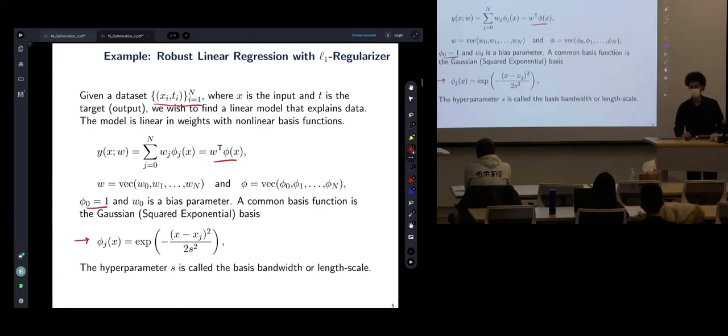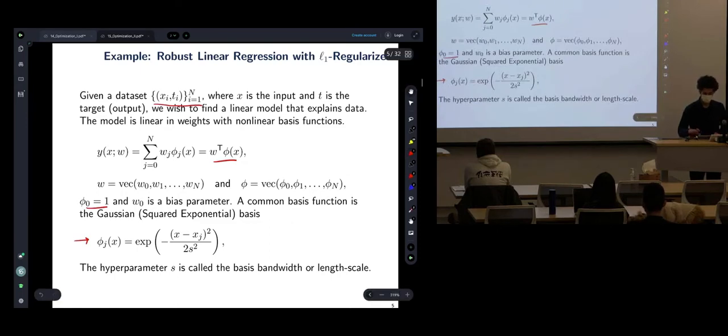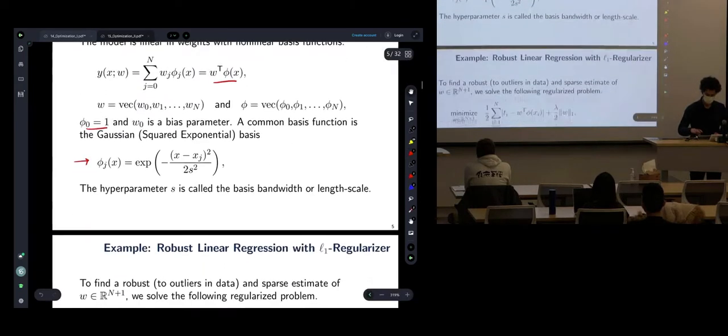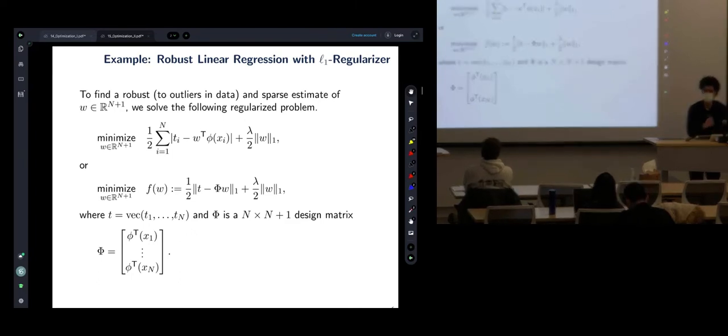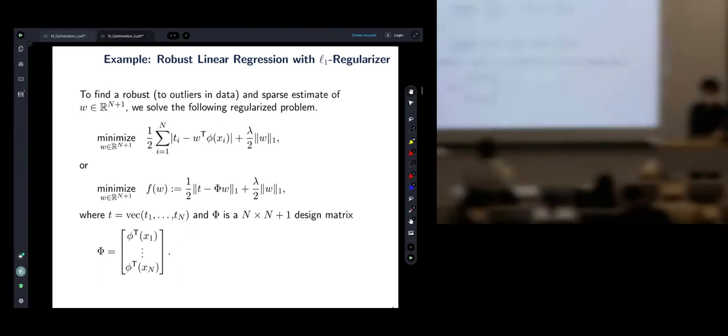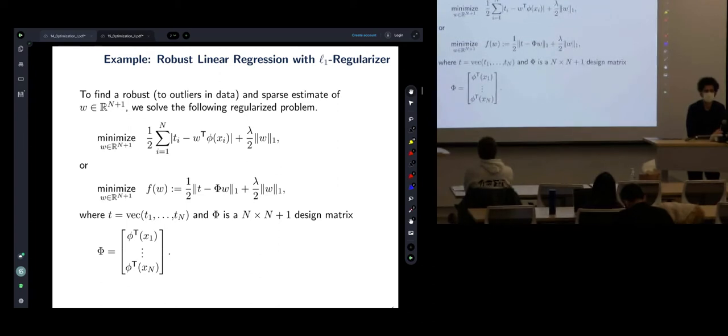So we do not change any modeling part. However, what we change is the objective function. The objective function, instead of being the L2 norm, is now the L1 norm. The L1 norm is traditionally used for solving robust optimization problems.